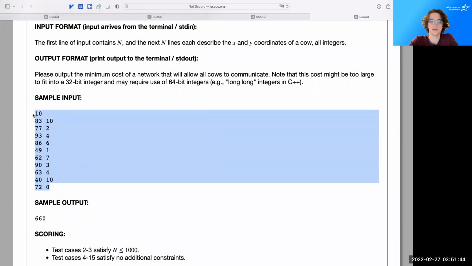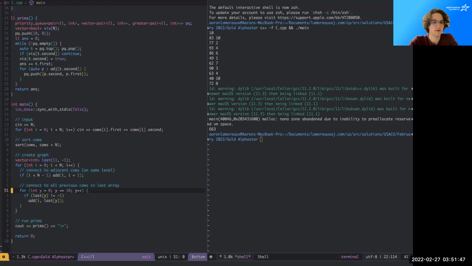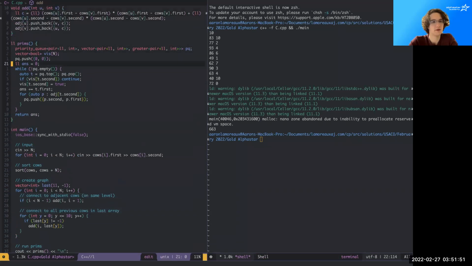663. Close, but not it. Also weird that it's off by 1. That wouldn't be what I expected.